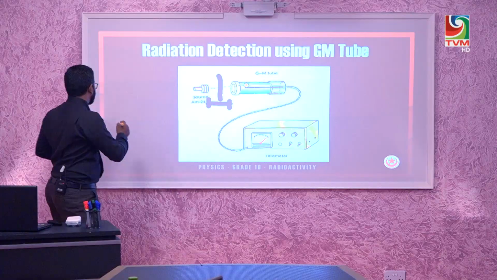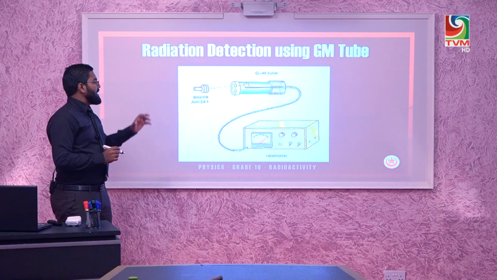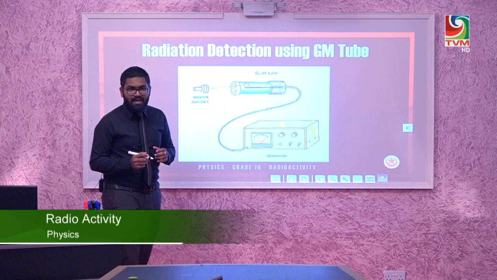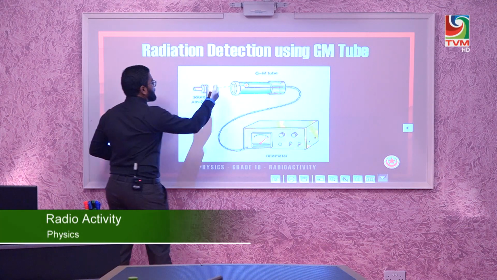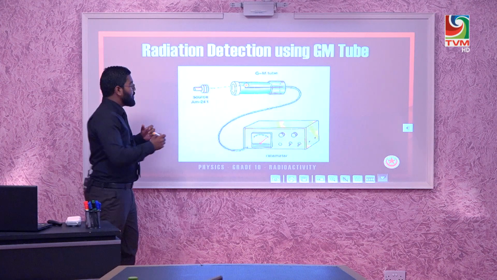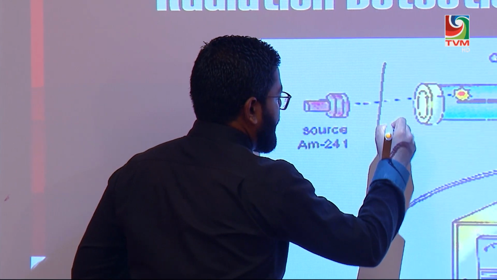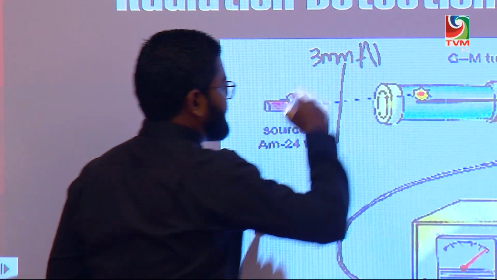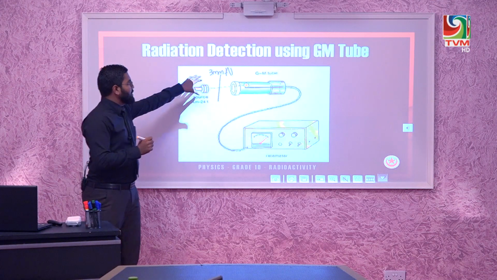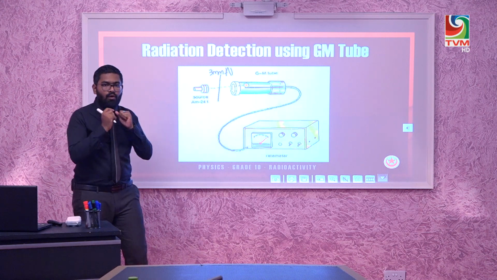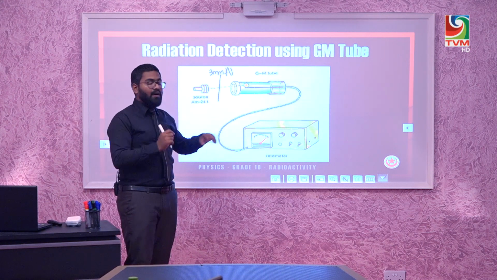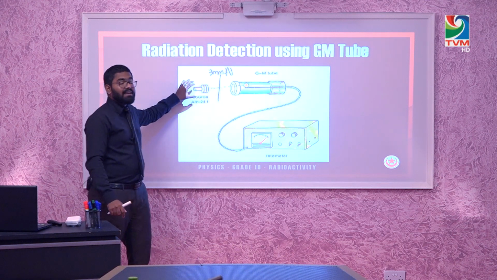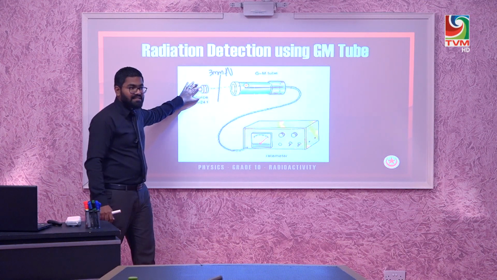Now, if this source is emitting beta particles, what are we going to do? Instead of paper, we replace the paper with a 3 millimeter aluminum sheet. This aluminum sheet will stop all the beta particles, and it will also stop all the alpha particles as well.